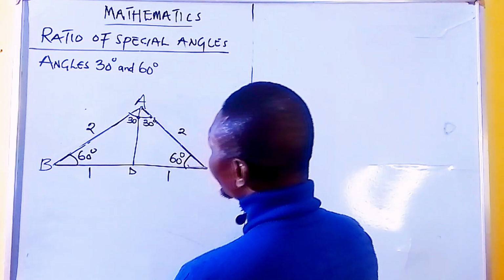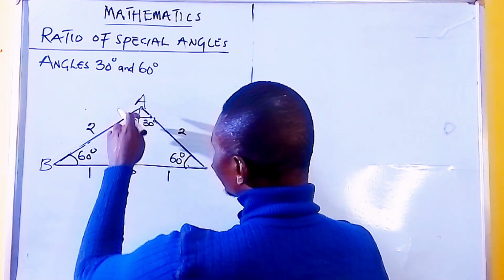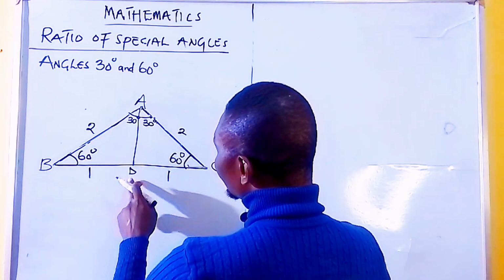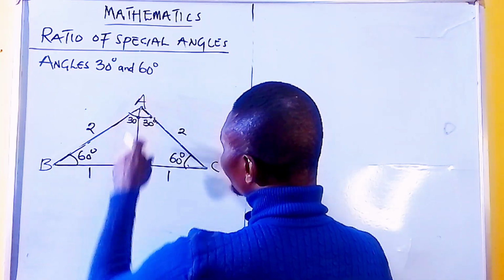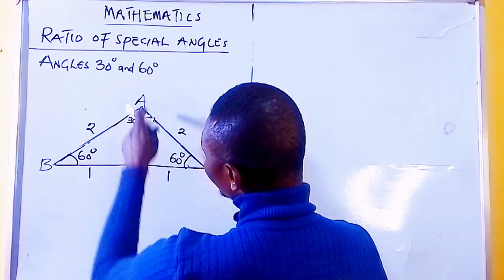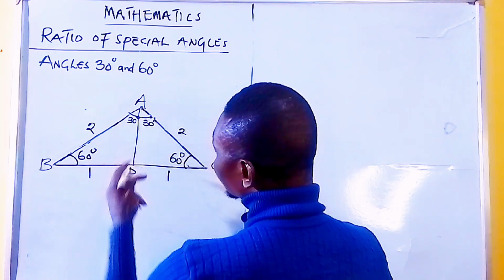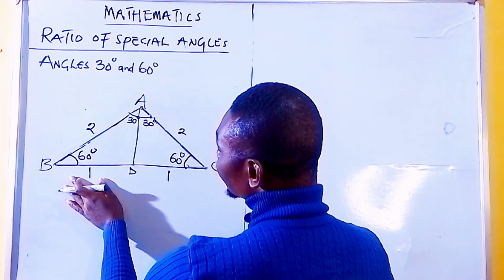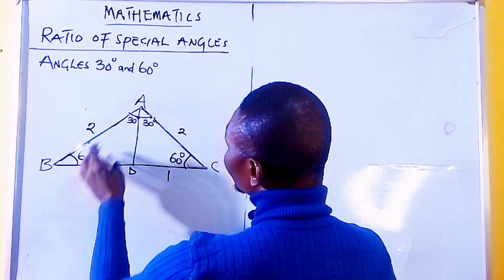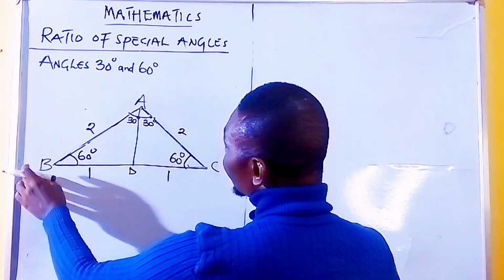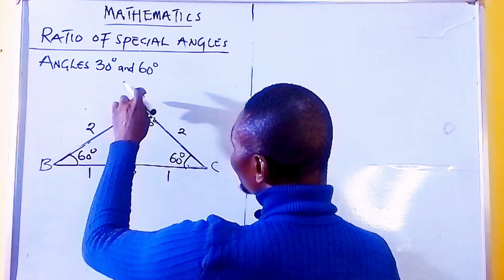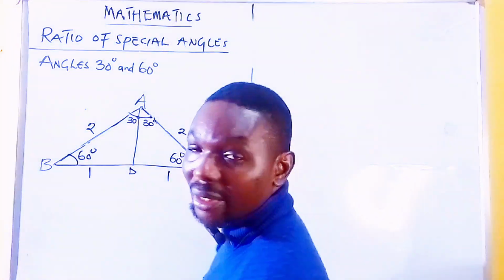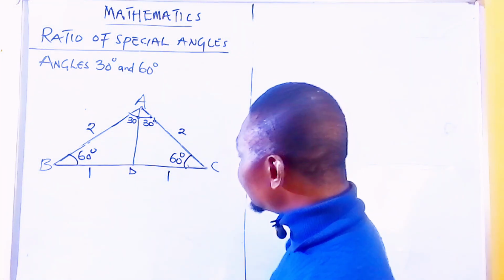So here, if you look at the length AB, we don't know the length AD. But BD is 1 unit, and AB is 2 units. So we need to find line AD.